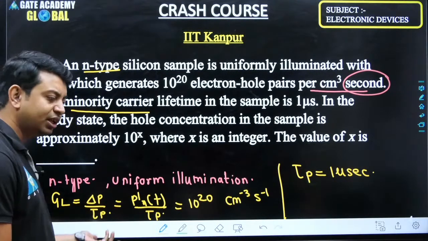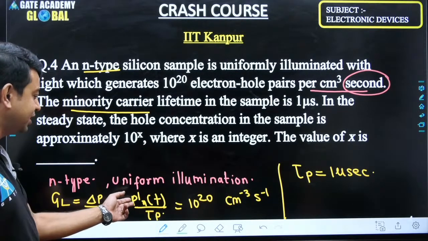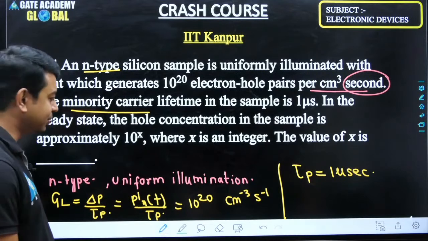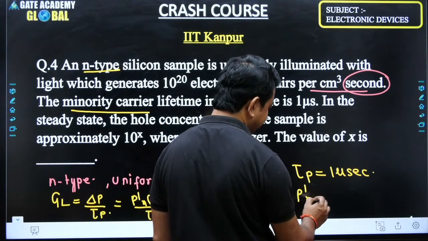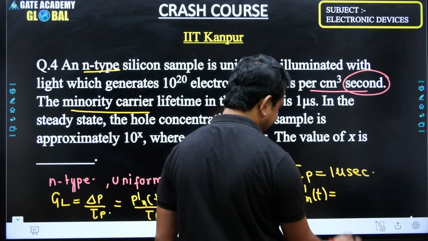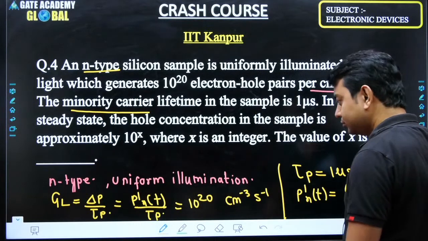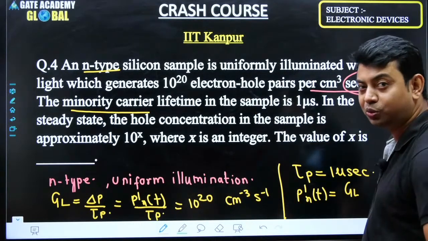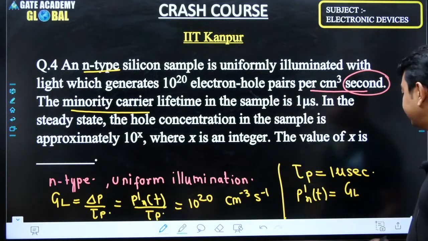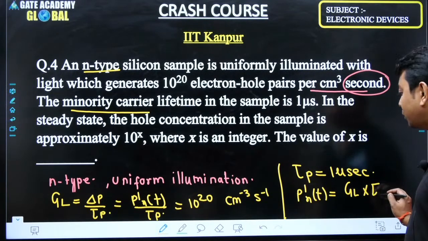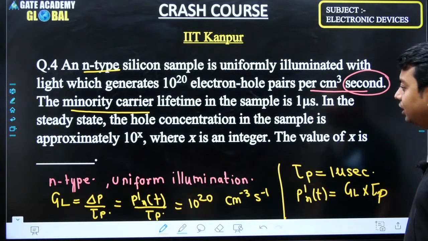So we have to find out the hole concentration inside this semiconductor. If it is an n-type semiconductor, the hole concentration can be found as p dash n of t, which is nothing but the hole concentration. At any time it is given by GL, the generation rate due to optical generation, also written as G opt or GL, multiplied by tau p, then we can get the answer very easily.